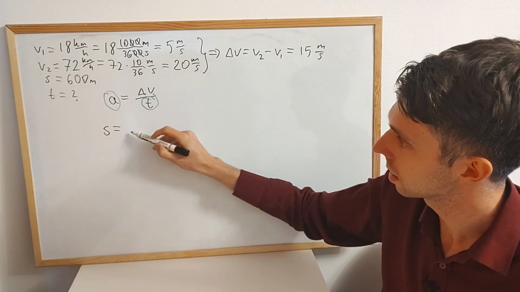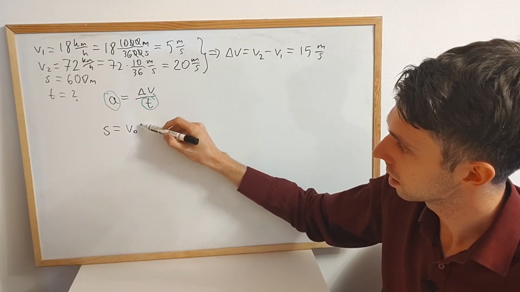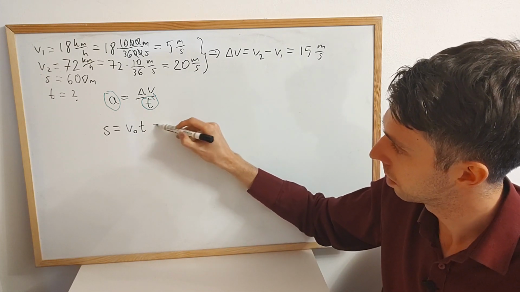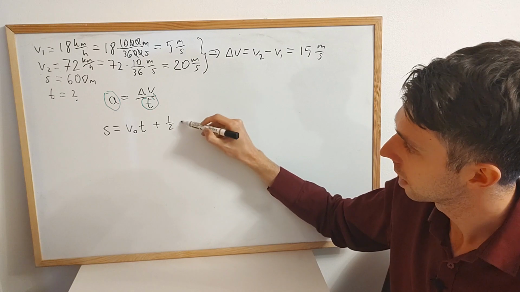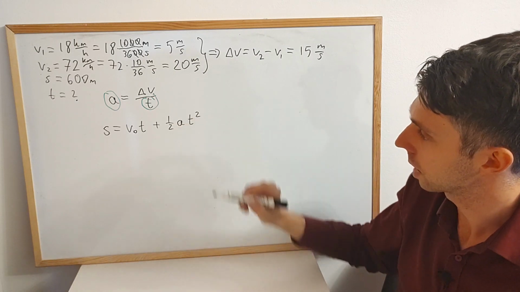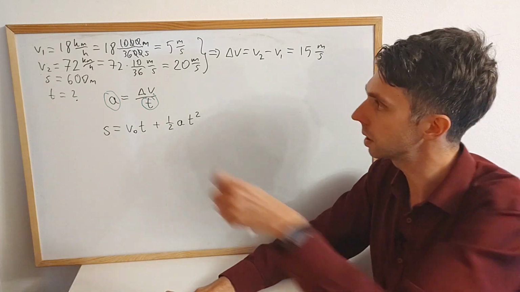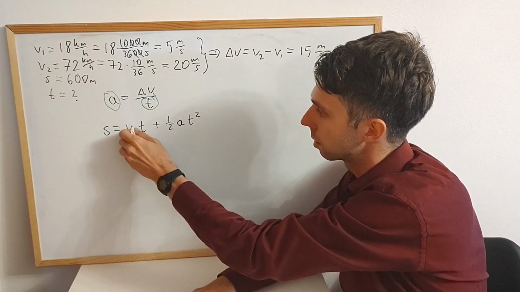So distance is, I remind you, initial speed multiplied by time plus 1/2 acceleration time squared. And in our case, initial speed is called v1.